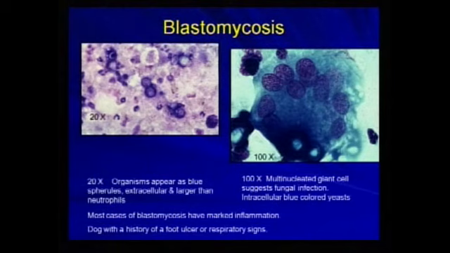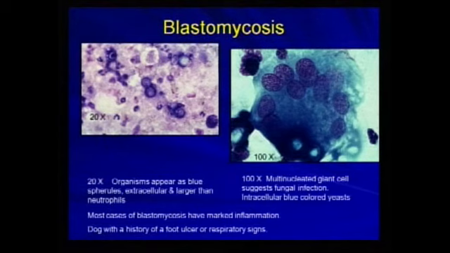Occasionally you'll have cases of cryptococcus in the lung or in other organs which have minimal inflammation due to the fact that they have these large capsules which make them very difficult to be engulfed by macrophages.